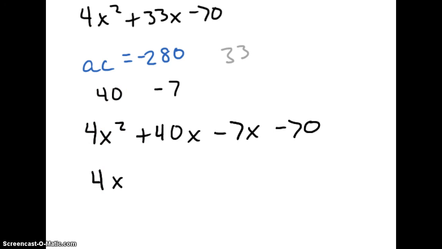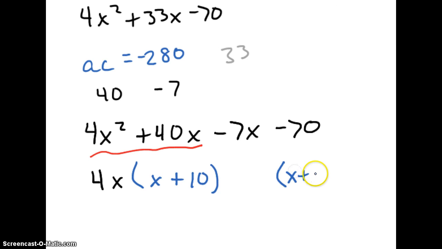Again, I'm looking at this guy right here. 4x, and inside the parentheses I get an x plus 10, and then I have an x plus 10 over here, x plus 10, and I need to figure out what I'm multiplying that by to give me this guy right here.